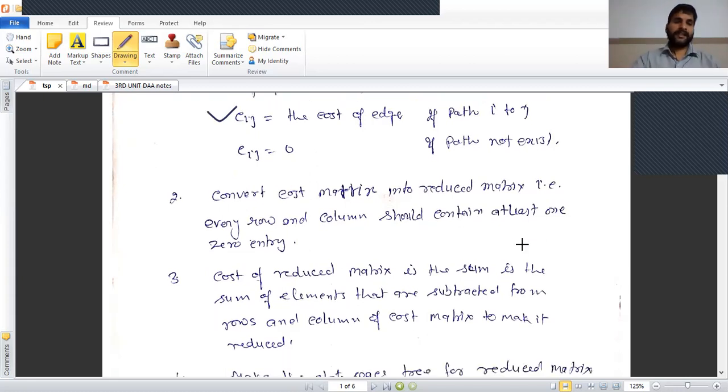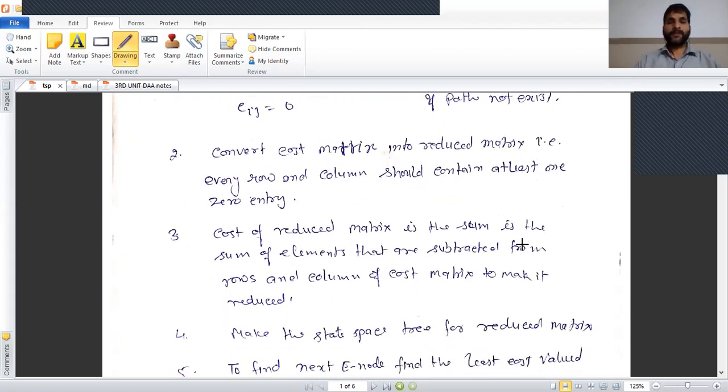Now the third step of solving the traveling salesman problem. The cost of the reduced matrix is the sum of the elements that are subtracted from the rows and columns of the cost matrix to make it reduced.